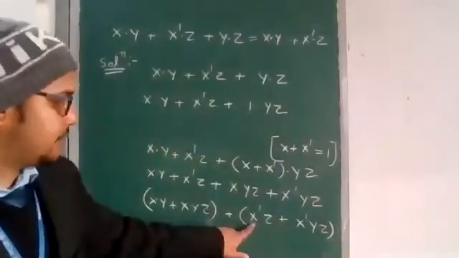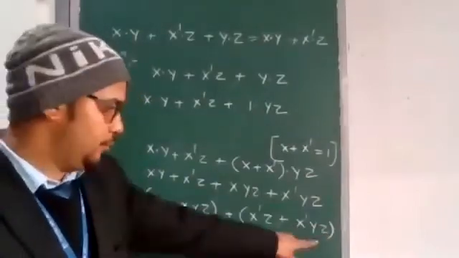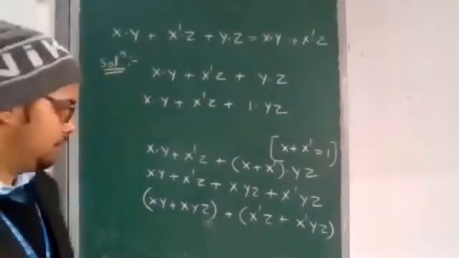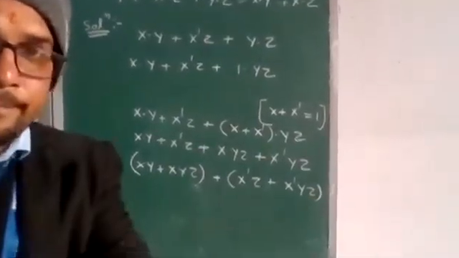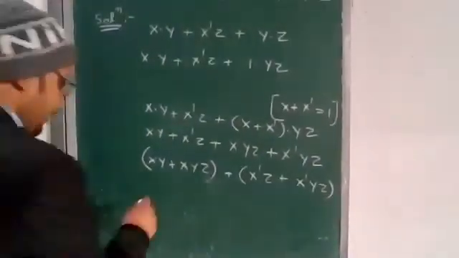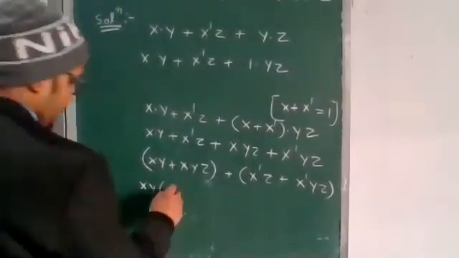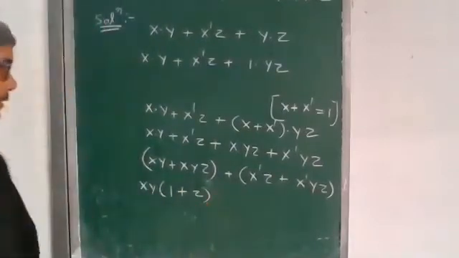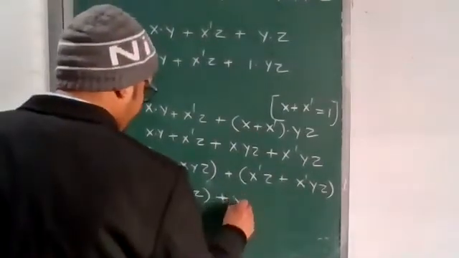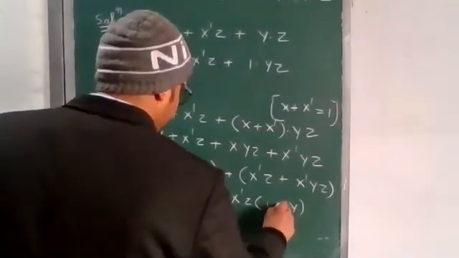Again here x complement z is common in both the values. So take the common xy. When we take xy common, here 1 is left, 1 plus z. Similarly, when I take x complement z common, then 1 plus y is left.